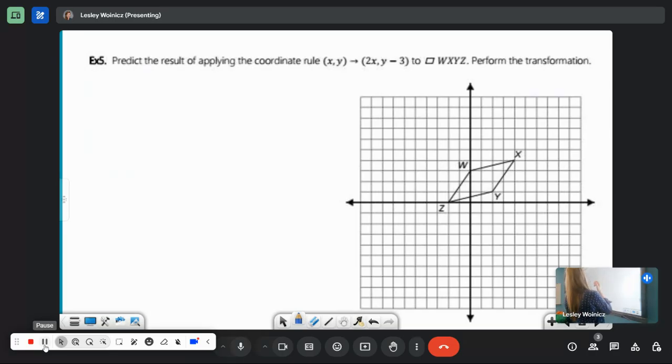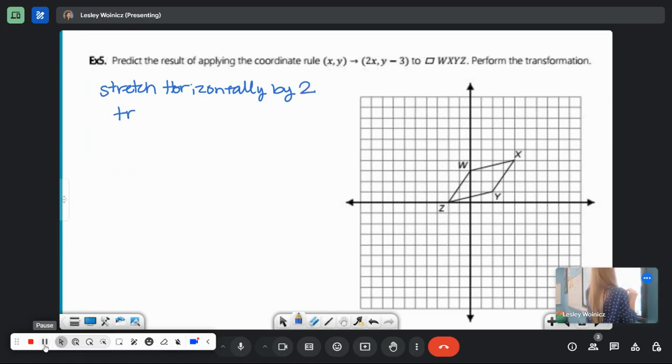Let's write it down. Stretch horizontally by 2, and translate down 3 units. Fingers crossed we get it right.